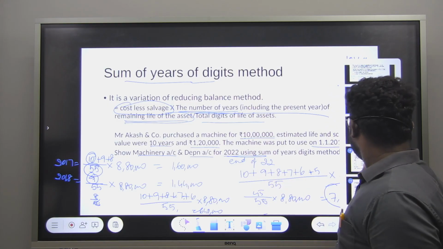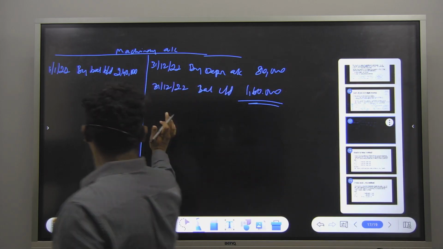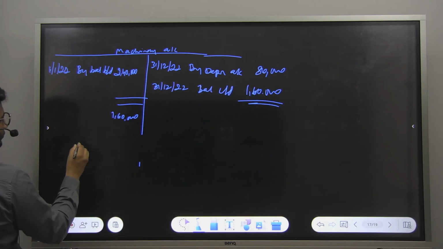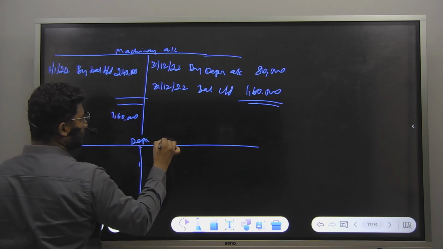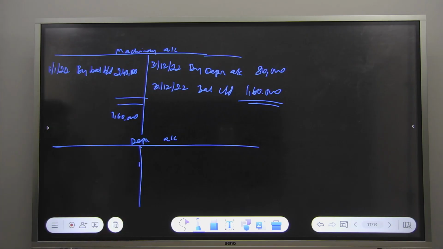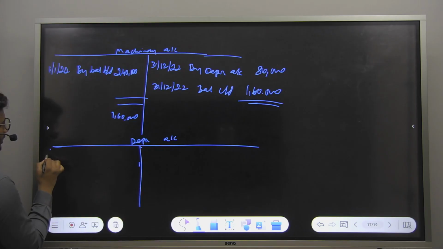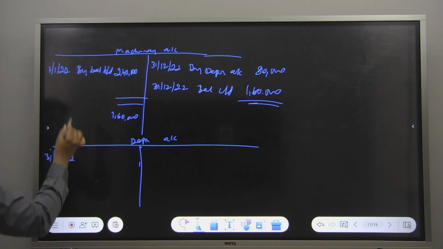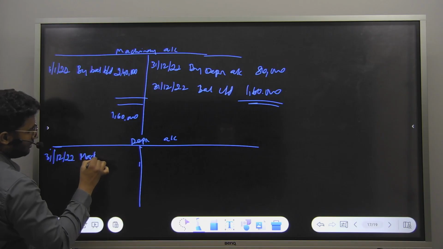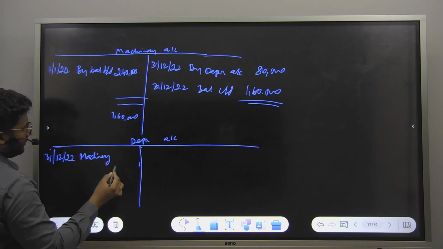Okay, so how will you create the depreciation account then? It's again very simple. Depreciation account. So first you charge to machinery at the end of the year 31st 12 22. You will charge it to machinery. What is the name of the asset? The name of the asset is machinery.